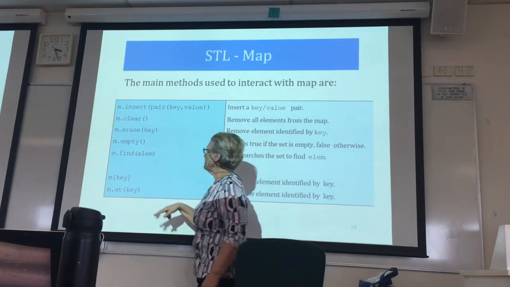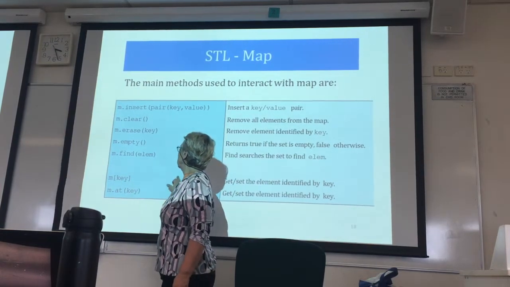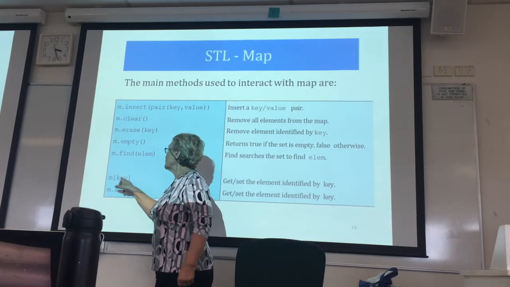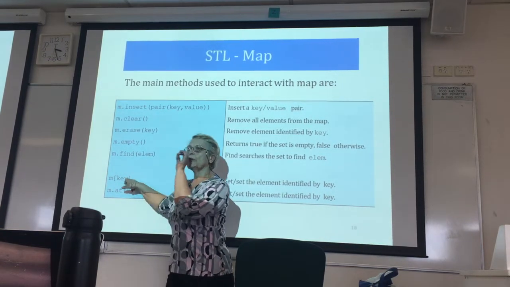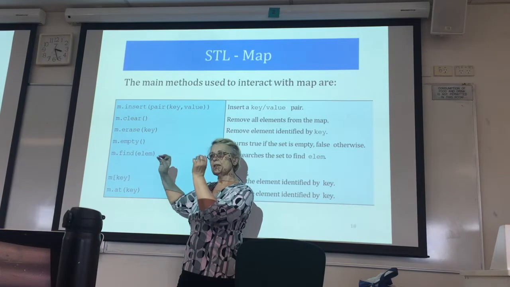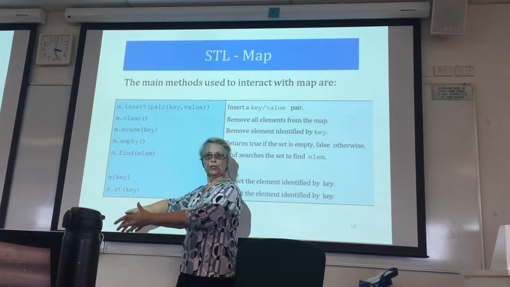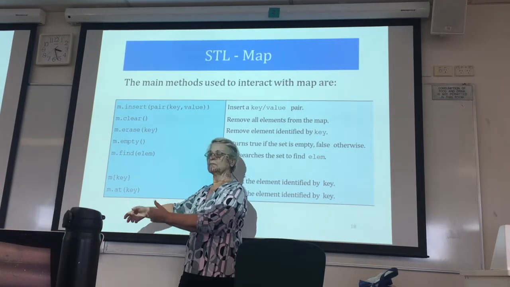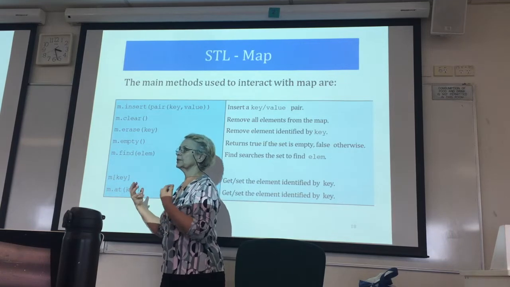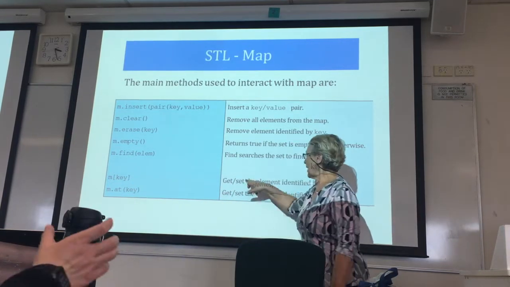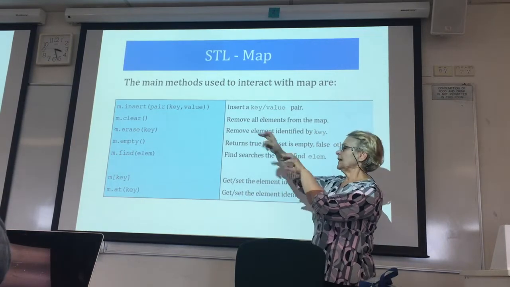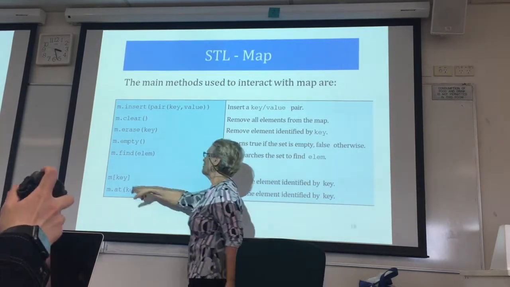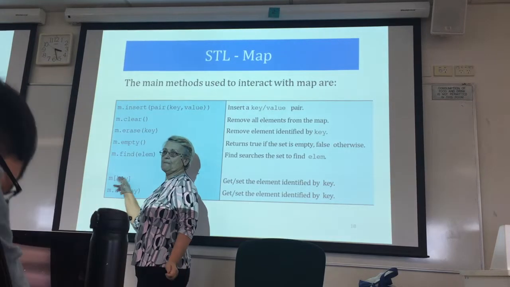So if I say M[3] equals "here", what I do is create the pair 3 and "here" and put it into the map. And this works in both ways.